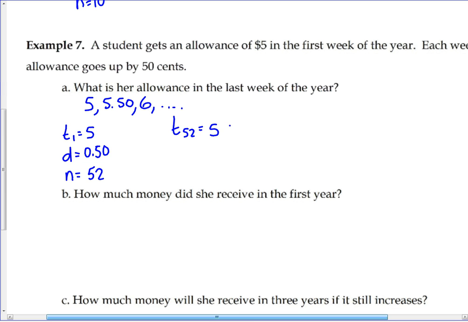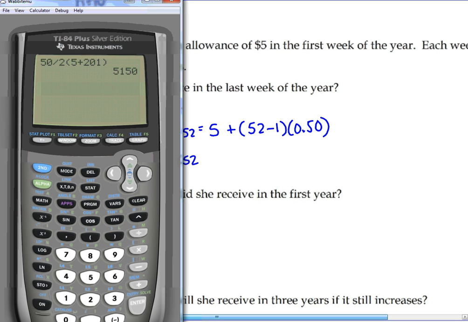Term 1 plus (n minus 1), so 52 minus 1 times 0.5. If you want, you can go straight to 5 plus (52 minus 1) times 0.5. $30.50.